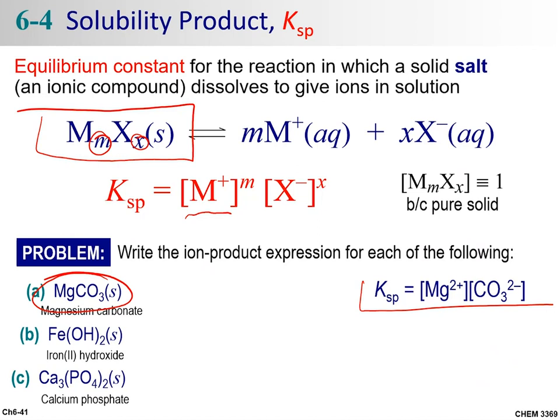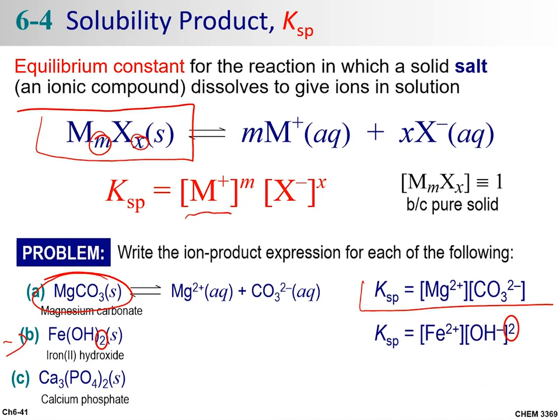If you look at the second compound here, iron hydroxide, the solubility product is the concentration of iron 2 plus ions times the concentration of hydroxide squared, right? Because there are 2 hydroxide ions in the formula.